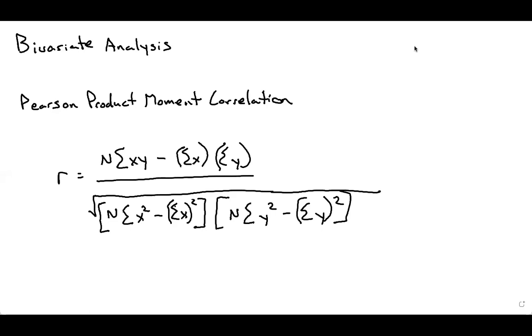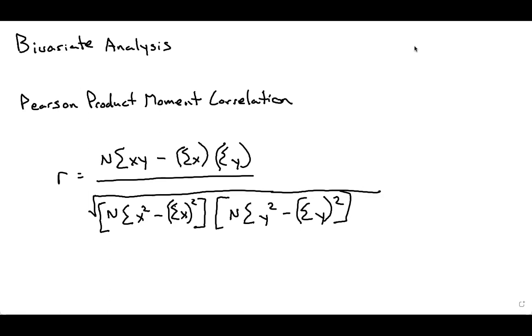Today, we're going to do a formulaic demonstration for Pearson product moment correlation, and we're going to do an SPSS demonstration for Pearson product as well. Just to give a quick definition of bivariate analysis to refresh our memory, bivariate analysis is looking at the relationship between two variables to see if they are associated statistically, and if so, to what magnitude they are associated.